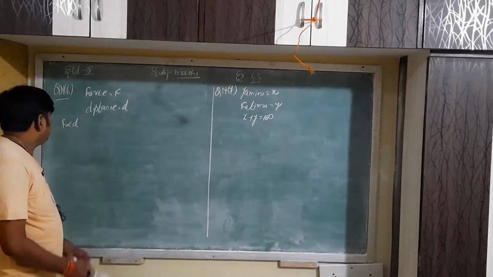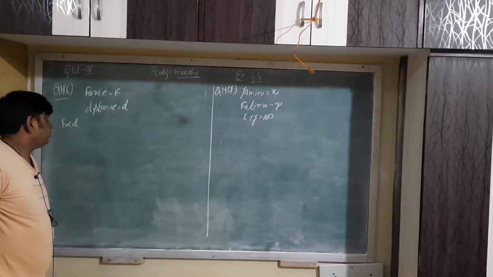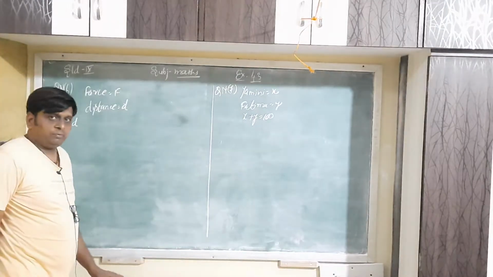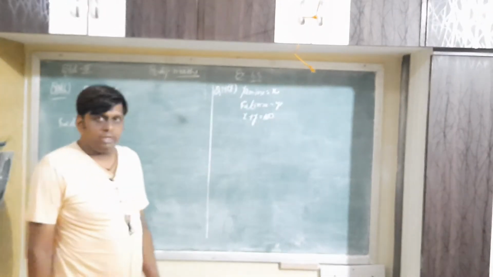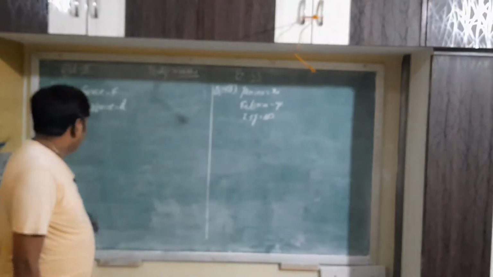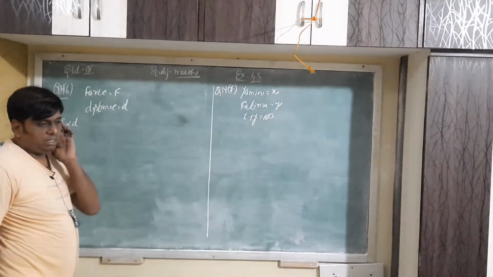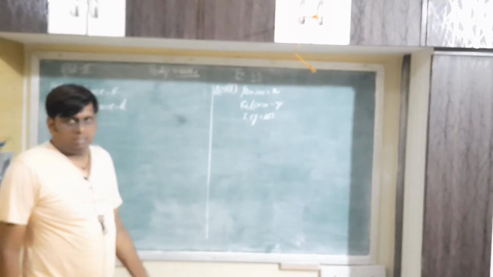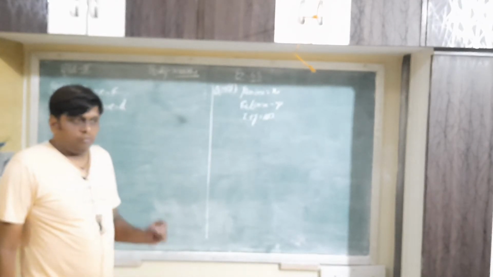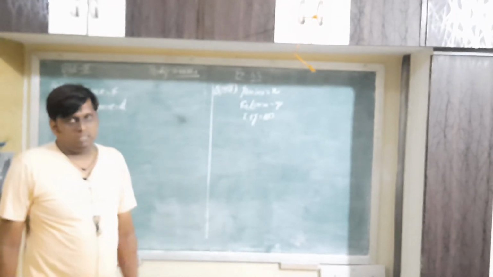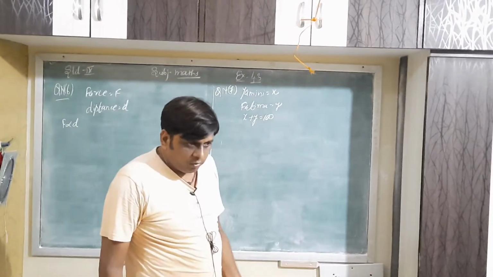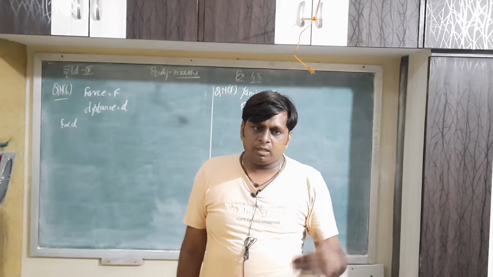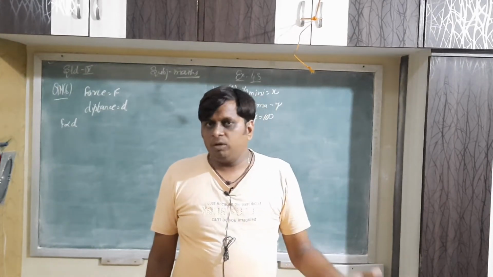Okay, now according to the question, if we apply a force on a body, it covers a distance d. The force directly depends on the distance. If you apply more force, then the body travels a greater distance.